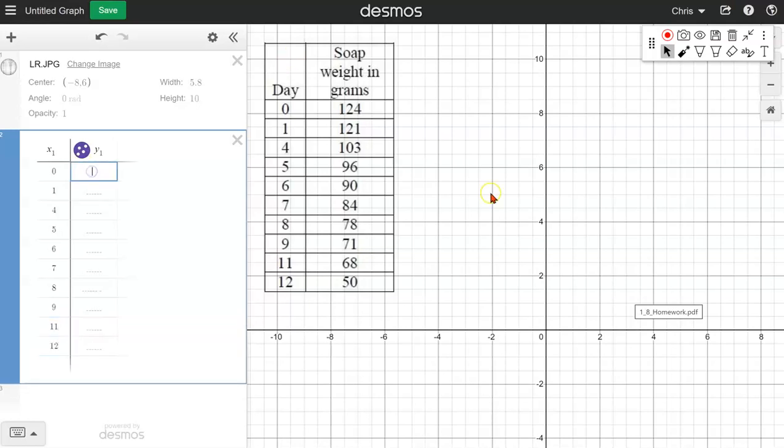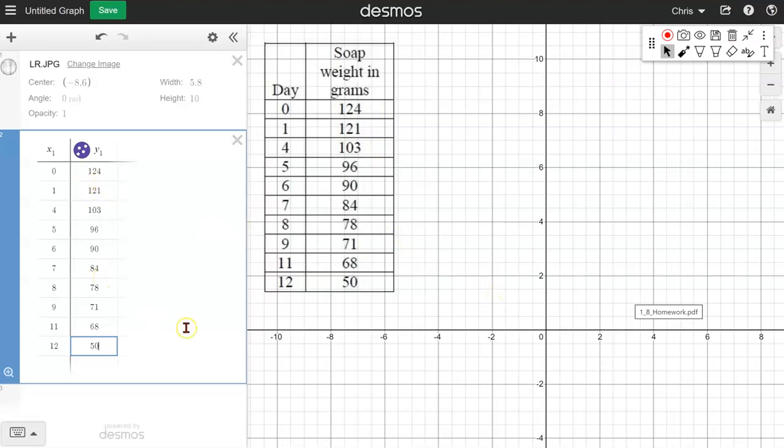Then for your y values, soap weight in grams: 124, 121, 103, 96, 90, 84, 78, 71, 68, and 50.